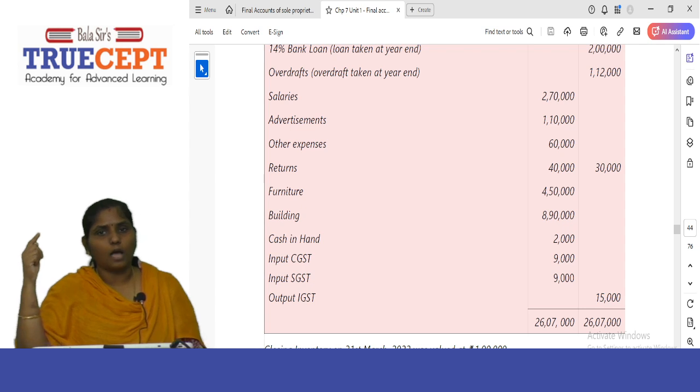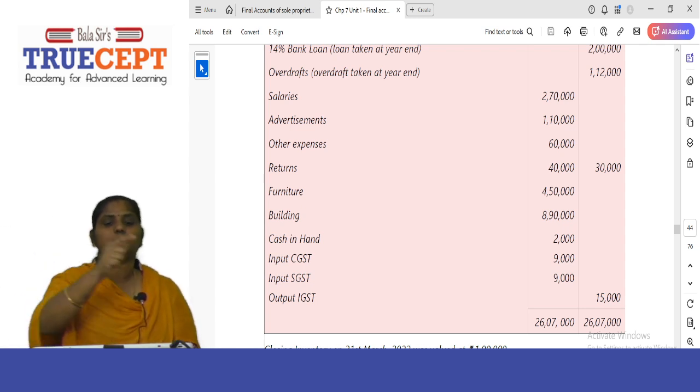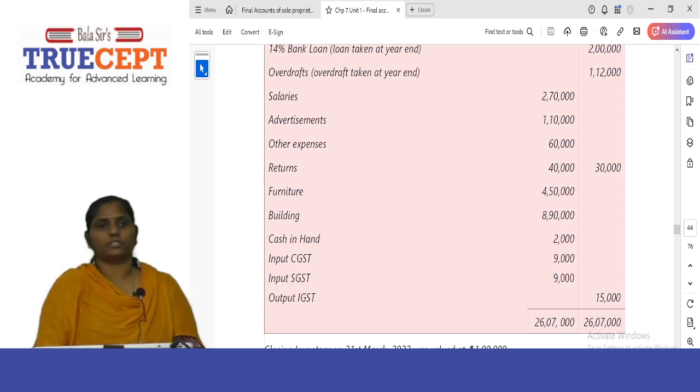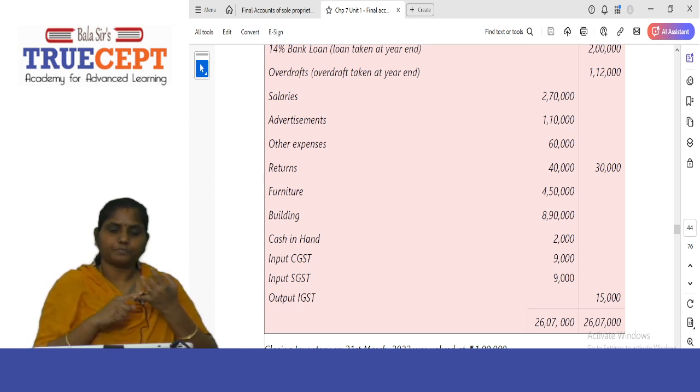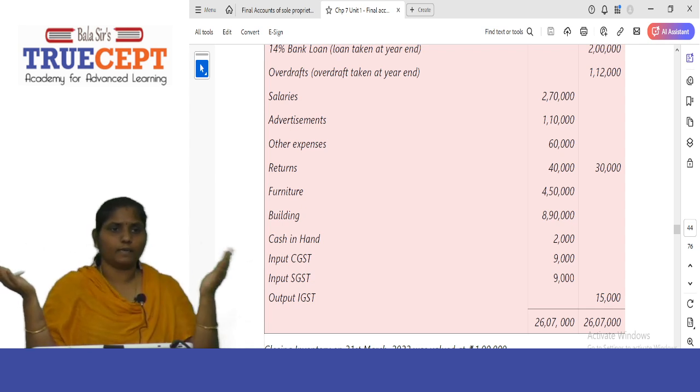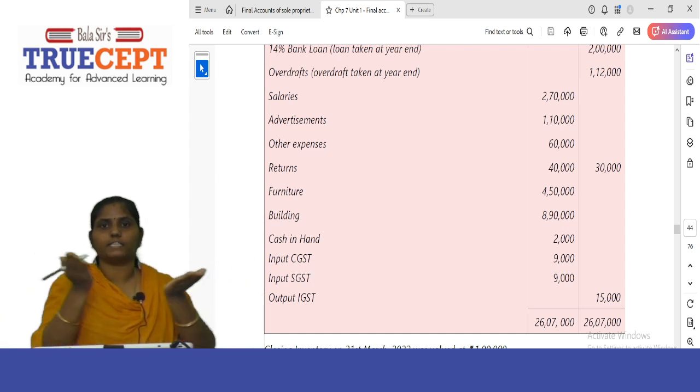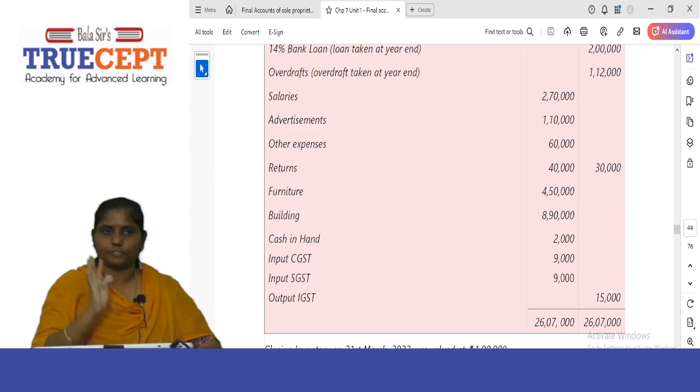Can I adjust the output IGST against the input CGST and SGST? That's a question. Actually, in this sum, you are supposed to deal with that. Now, how do I deal with it? Number 1, remember, when I have output CGST, input CGST, I will always adjust within that respective GST first.